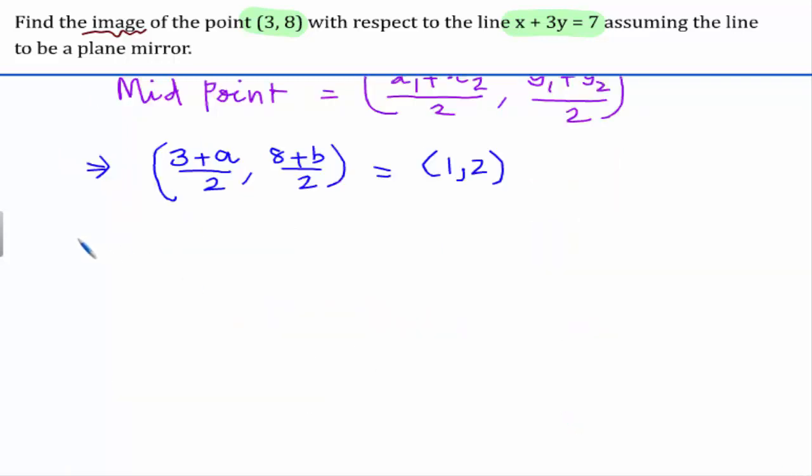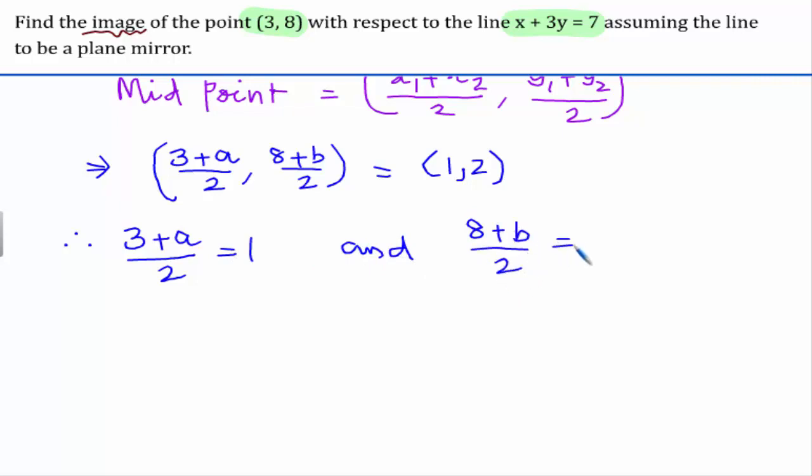Now 3 plus a by 2 is equal to 1 and 8 plus b by 2 is equal to 2. If we simplify this, we get 3 plus a is equal to 2 and 8 plus b is equal to 4.